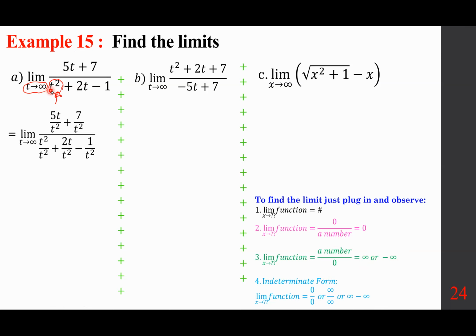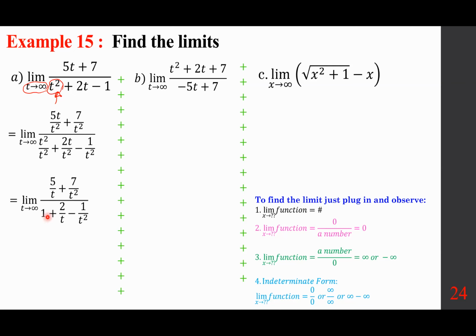Every term in the numerator and every term in the denominator is divided by t squared, and we simplify every term. So what happens?